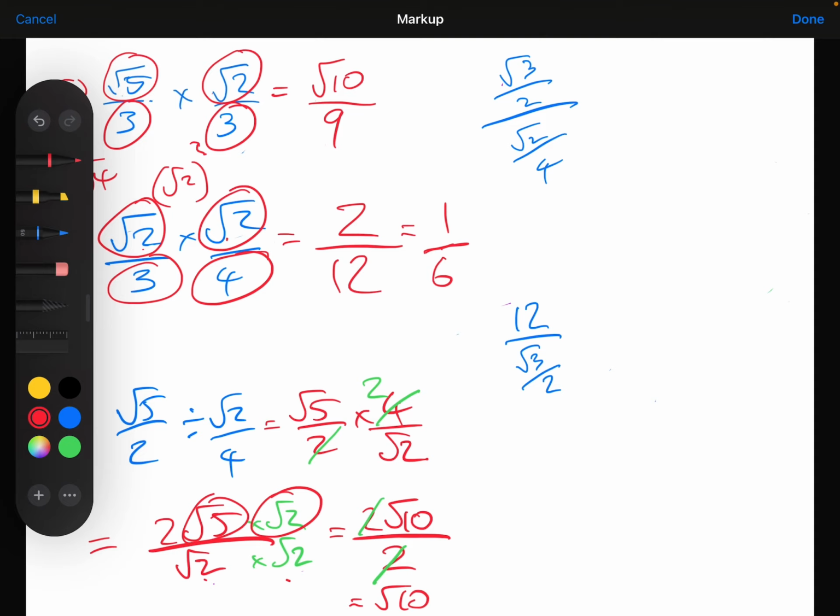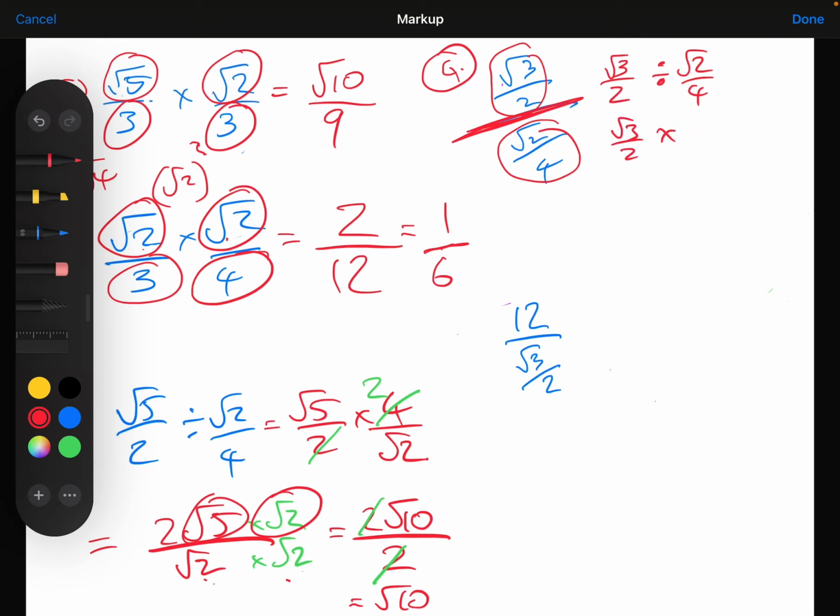Next, we've got this division up here, example 4. Again, I'm going to rewrite this as a division like this. Instead of saying this fraction divided by this fraction, I could write it as two separate fractions being divided by each other, which will allow me then to use the same technique as I did a moment ago, like this.